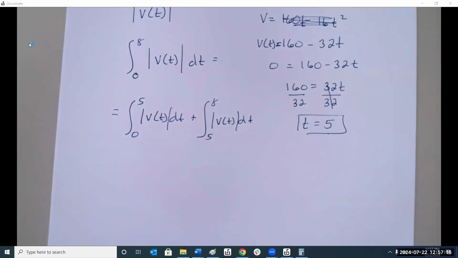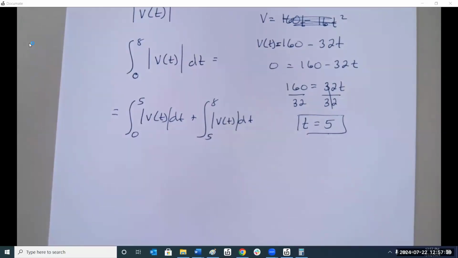Now, how is this different than if we didn't separate them? It all goes back to where this formula comes from: the Riemann sum of adding the areas under the curve. It's going to be positive on one side, it's going to be negative on the other side.